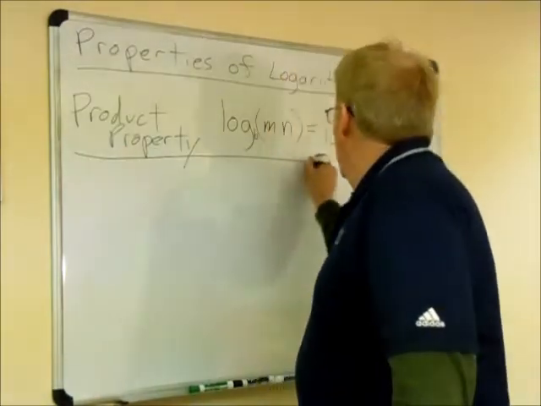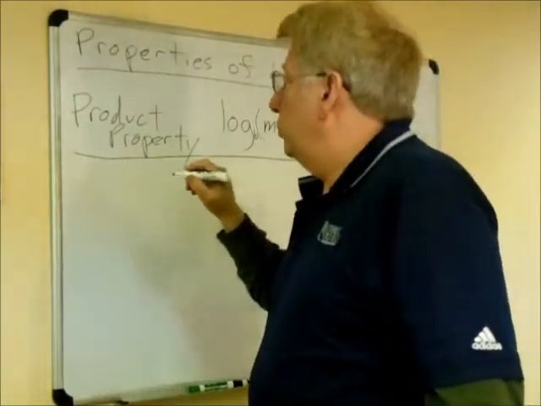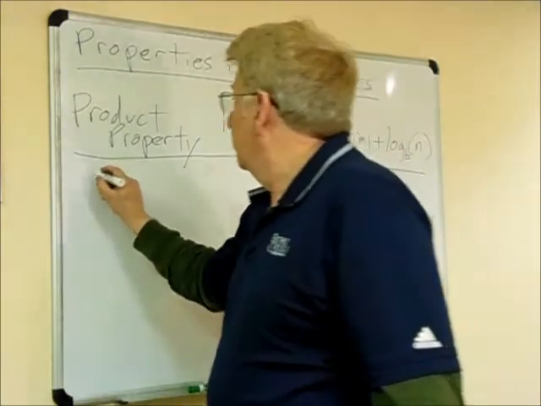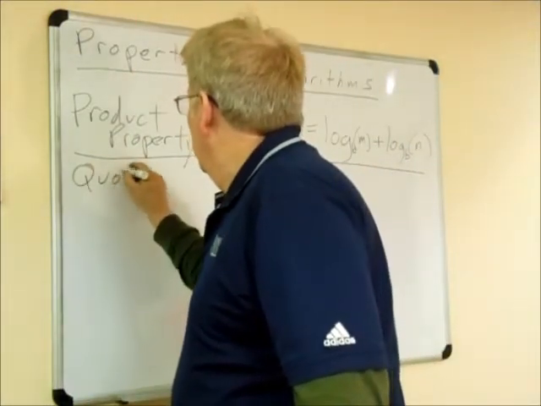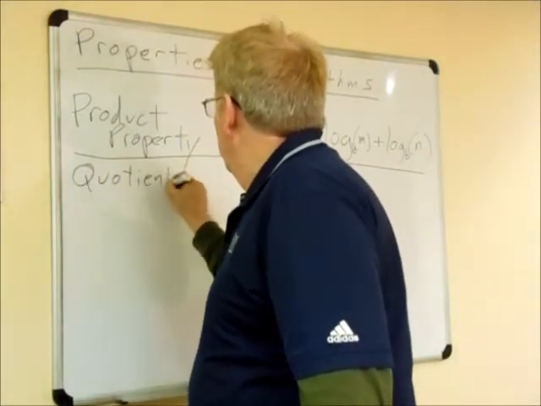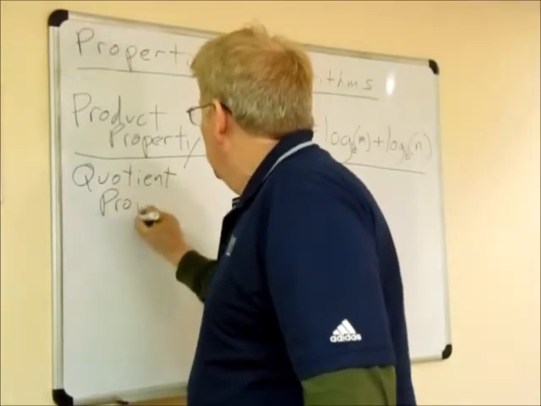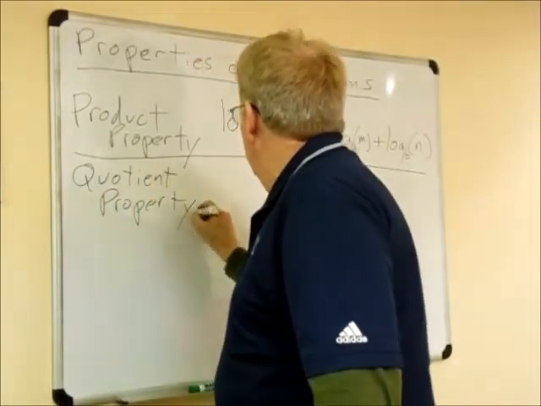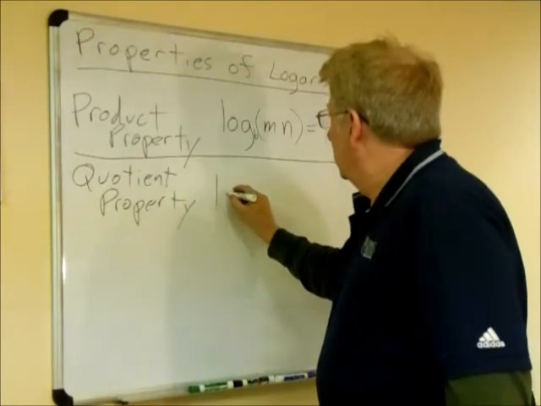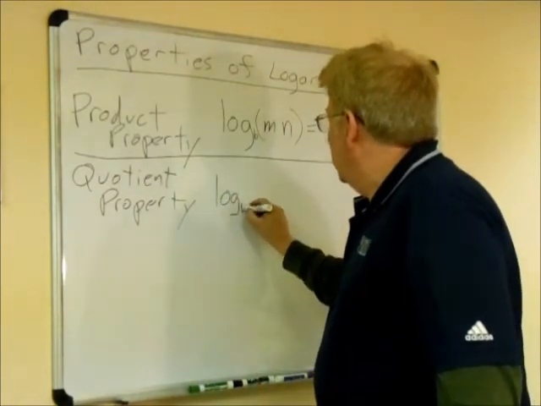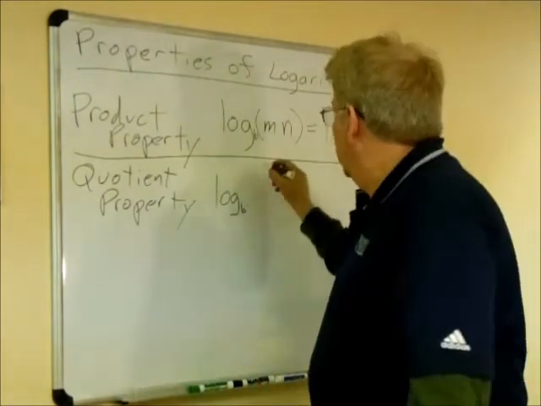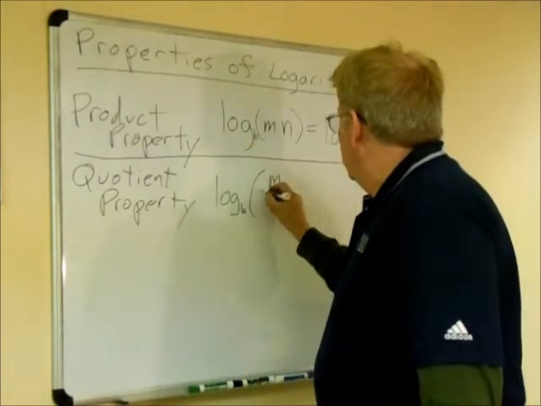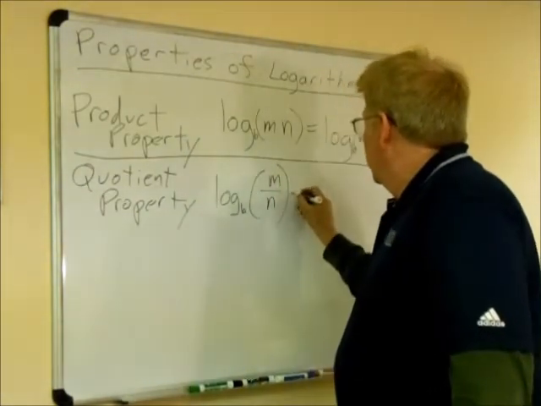Okay, so another property would be the quotient property. And for the quotient property, we would say the log base b, could be any base, of m divided by n.